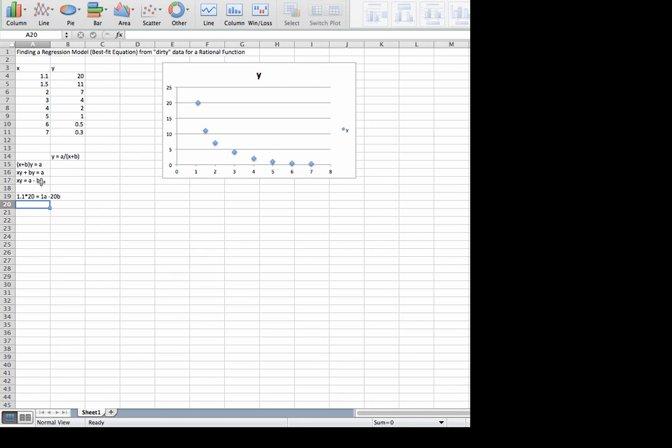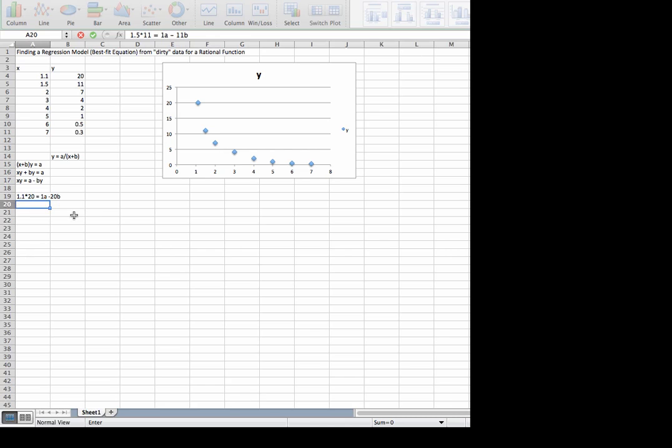Next, we'll take this same linear equation, and we're going to substitute our second data point in. So we'll have 1.5 times 11 equals 1a, subtract 11b, 11 because that's our y value.